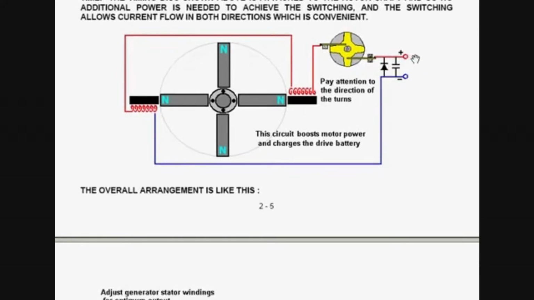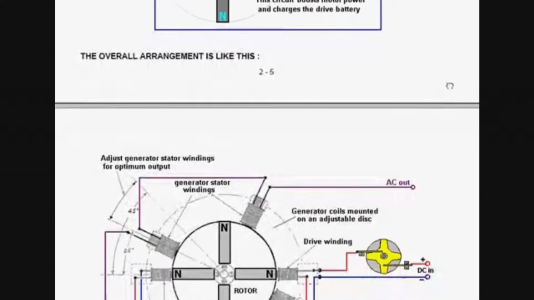Connected this way, with the plus going through the switching, through the drive coils, and you need to pay attention to the direction that the coils are wound to make it work properly, and then it comes back and you have a diode and a capacitor, and that feeds the pulse circuitry back to the battery to recharge it.